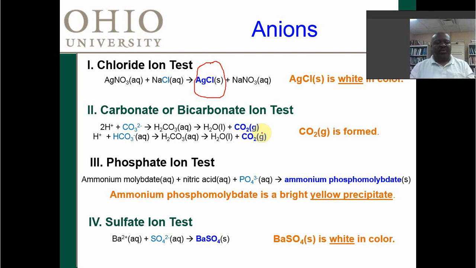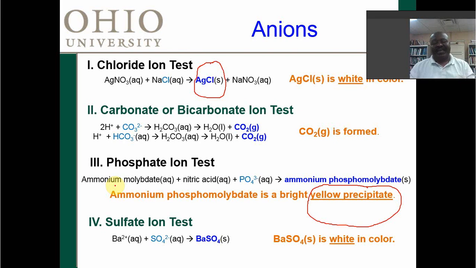Phosphate, this one requires heating. And so it might be useful to start this reaction early for these, so you can actually have it going while you do other tests. And we're looking for, in this case, a yellow precipitate. What's happening? Ammonium molybdate.